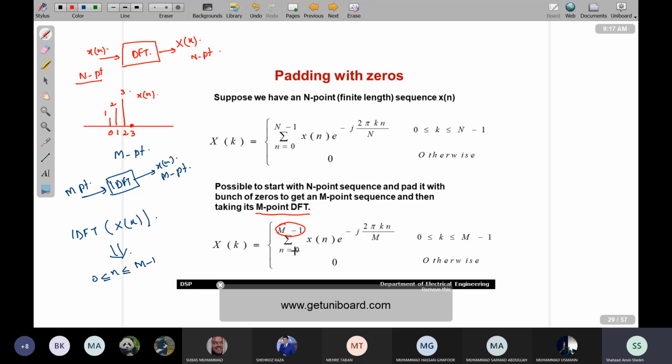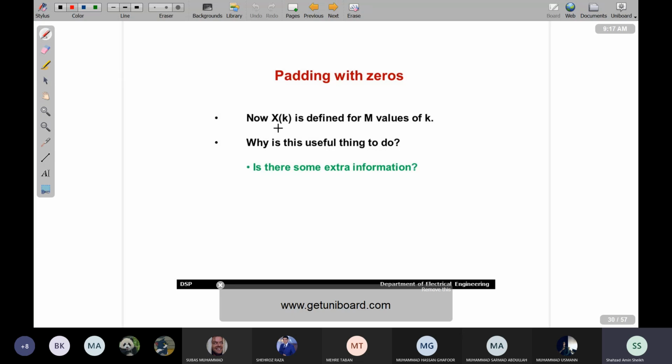Okay, so x of k will be equal to the sum over n is equal to 0 to m minus 1, because we are interested in taking the m point DFT, and here you will be dividing by m as well, because k is running from 0 to m minus 1. So that's important, and you will be seeing the consequences of this concept right now. In this case, x of k will be defined for m values of k.